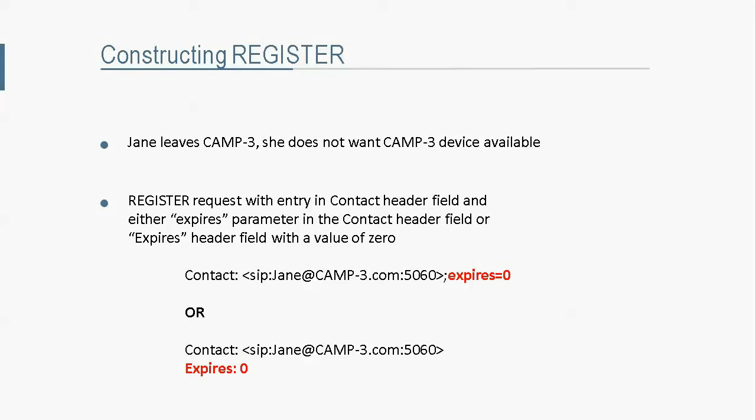And the response will be 200 OK in any case, providing the most current list of contact addresses attached to our address of record. Well, if we send the register request with no contact header field, we won't be adding or removing any entries. The response will still be 200 OK, providing the most current list of contact addresses attached to our address of record.